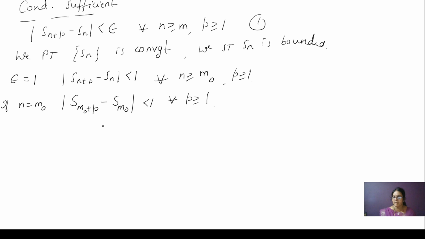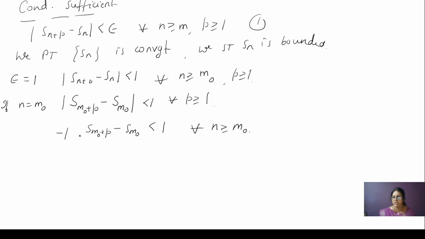So if you expand this, S_{m naught plus p} minus S_{m naught} is less than 1 and greater than or equal to minus 1, and this is for every n greater than or equal to m naught.